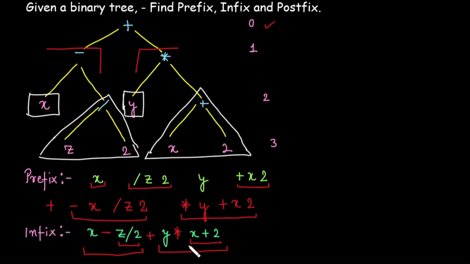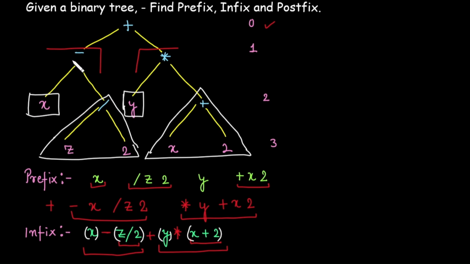This expression is not human readable yet. What we need to do is, for each subtree, we will put brackets. Like in the first case, we have the subtree, put the bracket. Then this subtree, put the bracket. Here, bracket. Then again, put the bracket for the subtree.